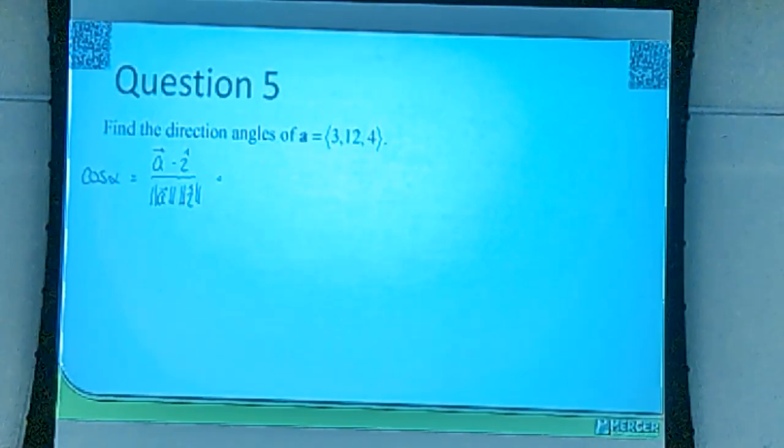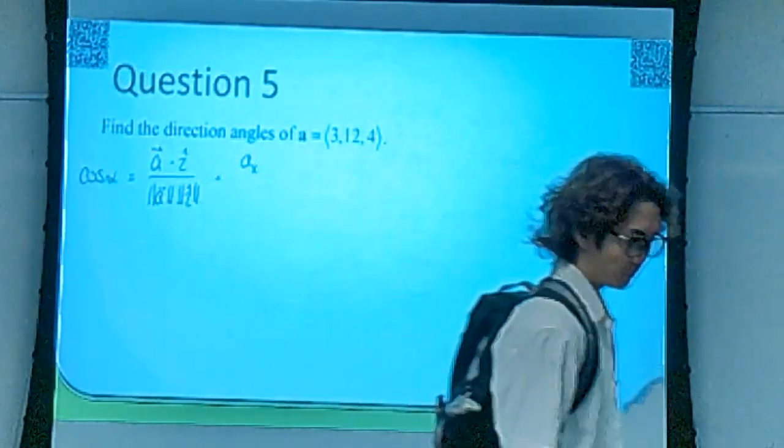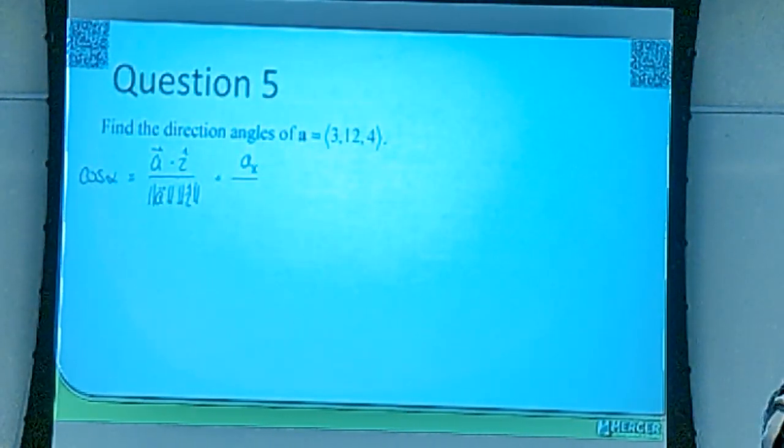But y and z components for i hat is just 0, right? Wouldn't that just be the x component of a? What's the magnitude of i? So that would just be the x component of a divided by its magnitude, right?